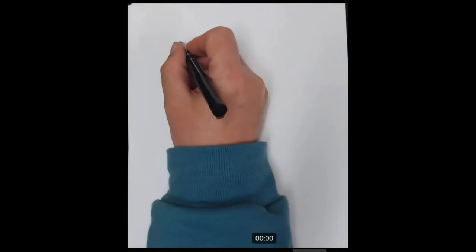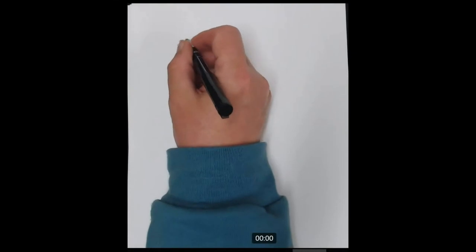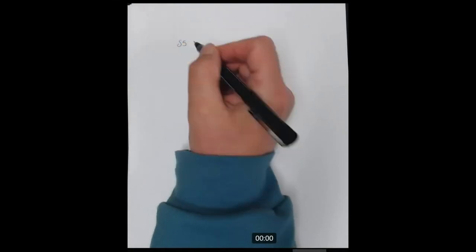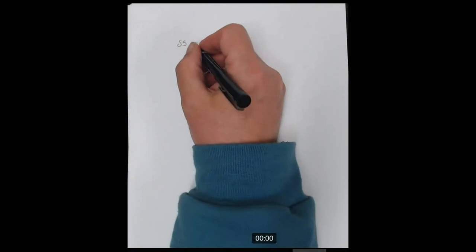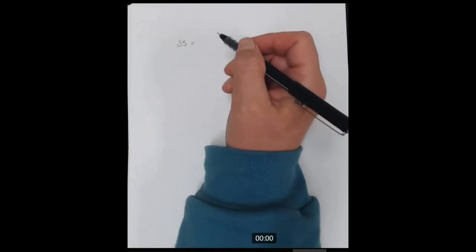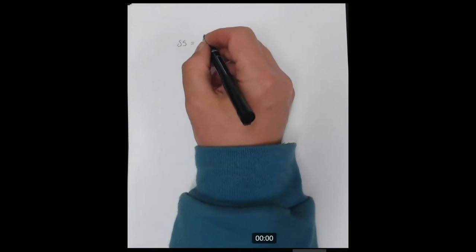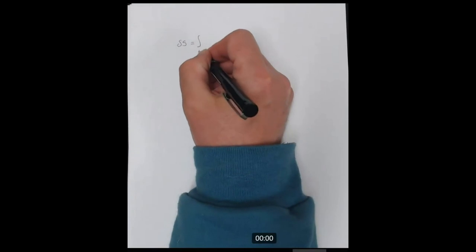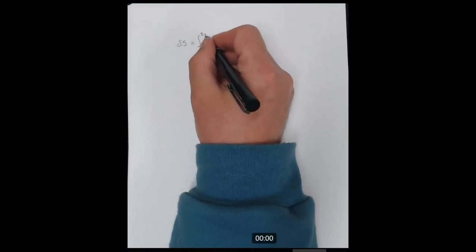Okay, so we showed that the variance in our action between the fake path and the real path looks like this.